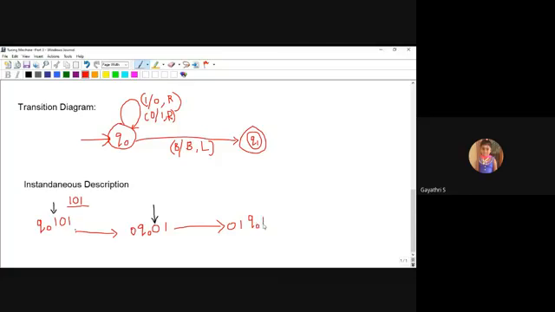Now the tape head points to the next input alphabet, 1. Next, I will add one blank symbol, and only then can your string terminate.